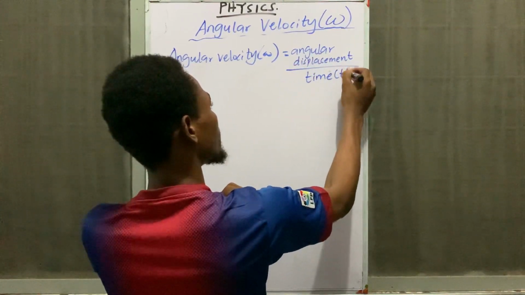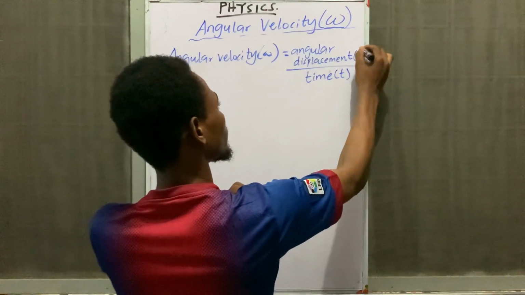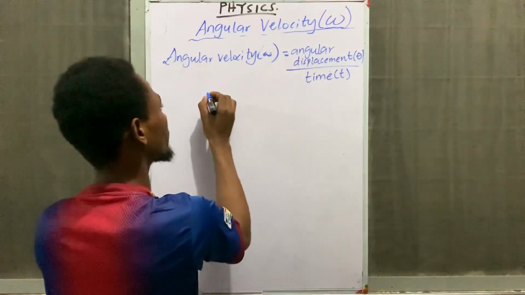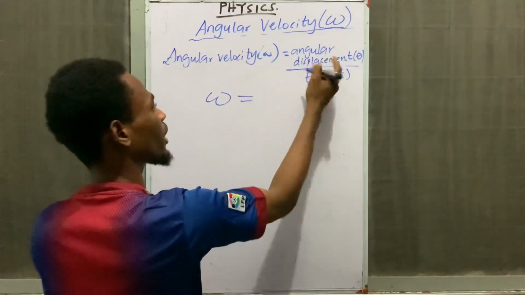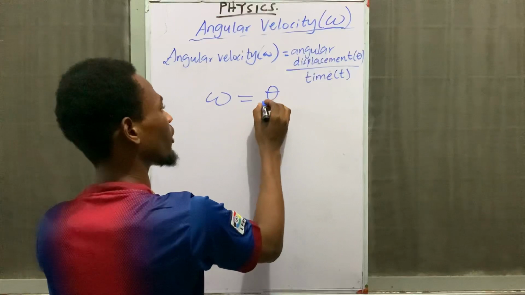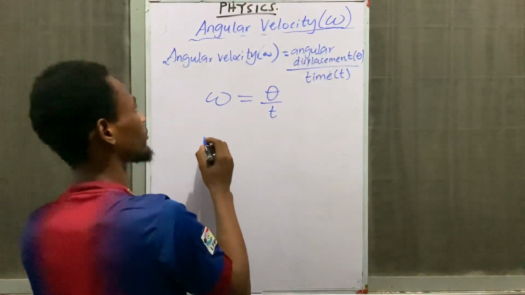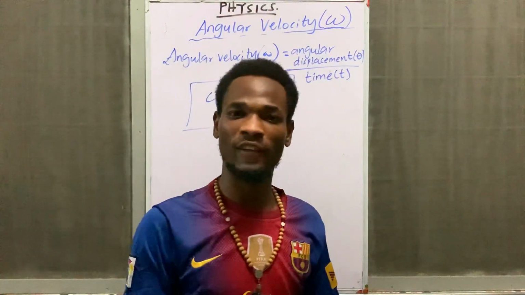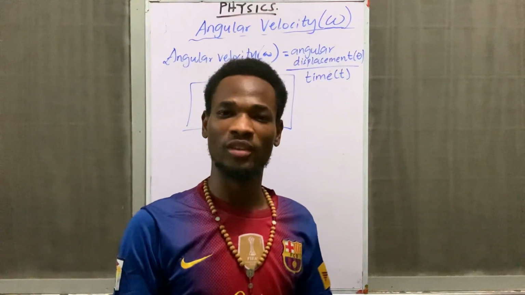Divided by the time t. So therefore my angular velocity, which is my omega, becomes what? My theta over my t. This is the expression for the angular velocity.